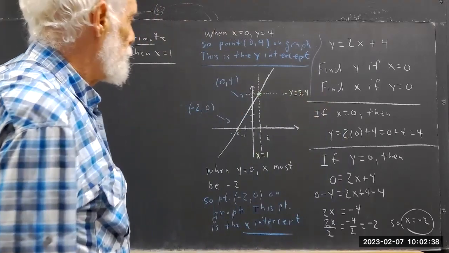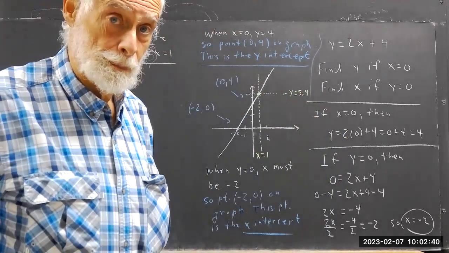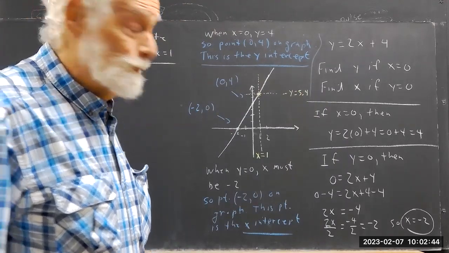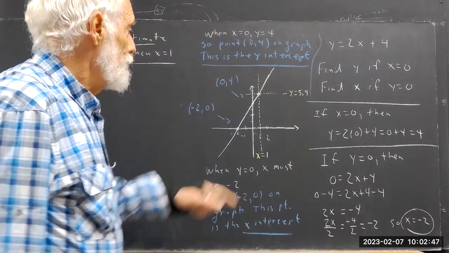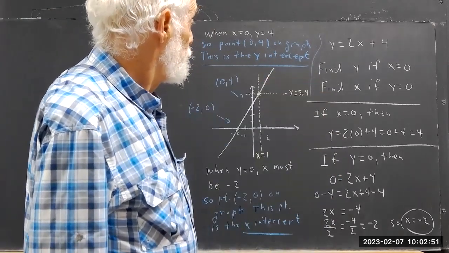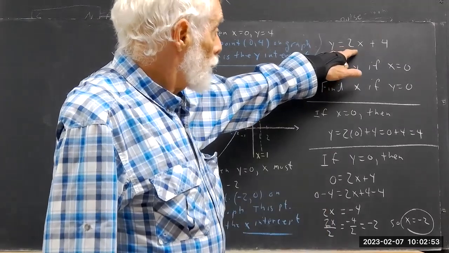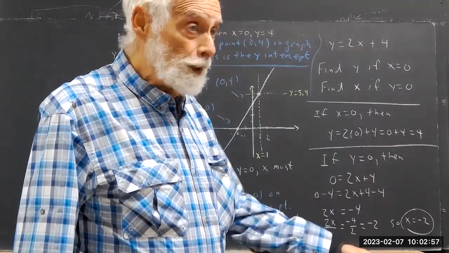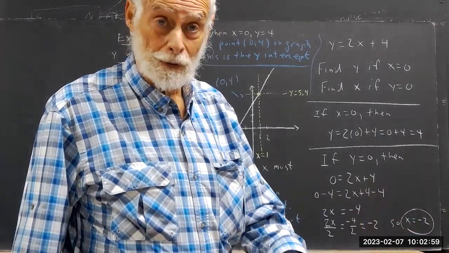My honest estimate is y equals 5.4. It's not a great estimate. Because you can tell, if x equals 1, what does y equal? Well, 2 times 1 is 2, you add that to 4, you get 6, right? So I got 5.4 when I should have had 6.